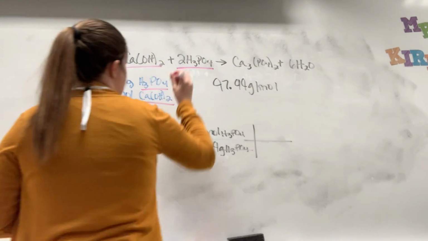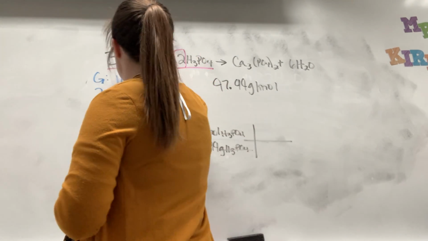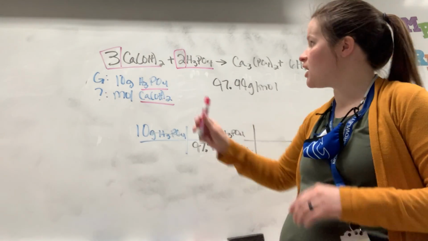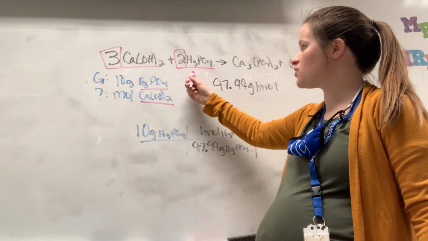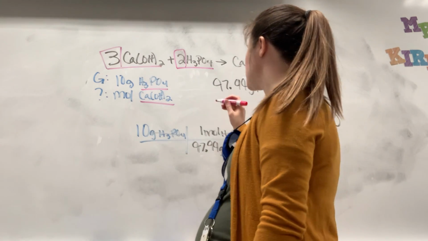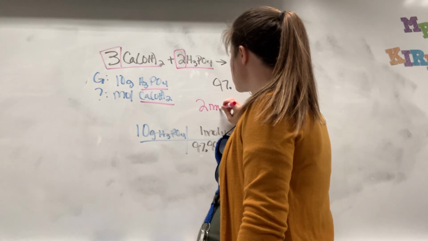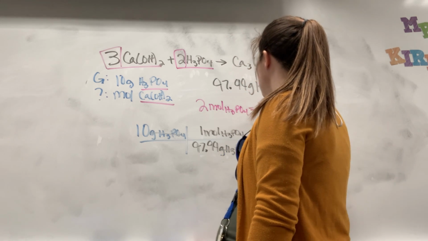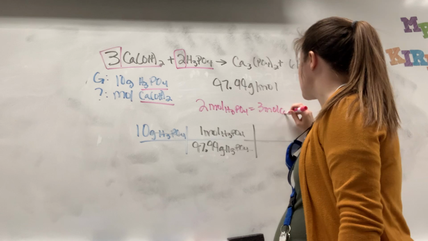So I'm going to pay attention to the big numbers in front. Okay, so it is a 2 to 3 ratio. For every 2 phosphoric acids, I have 3 calcium hydroxides. So every 2 moles of phosphoric acid, I have 3 moles of calcium hydroxide.